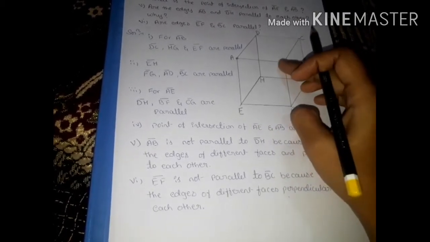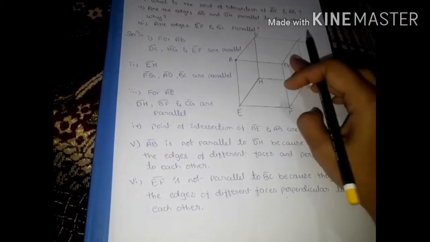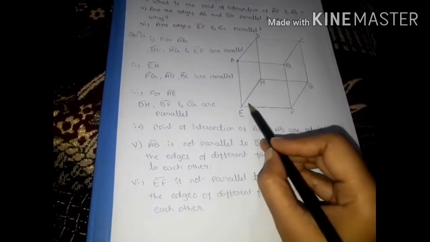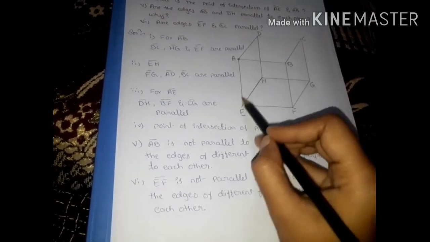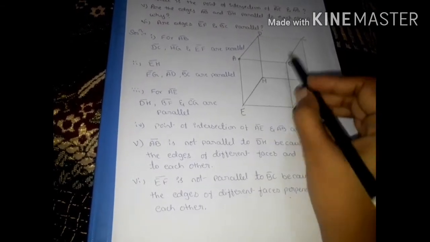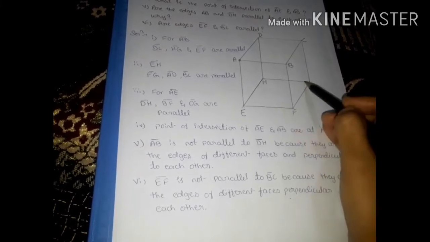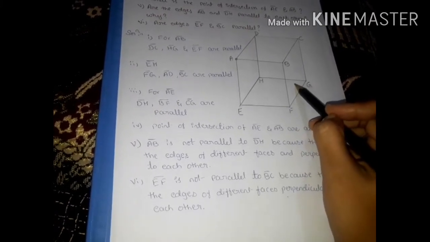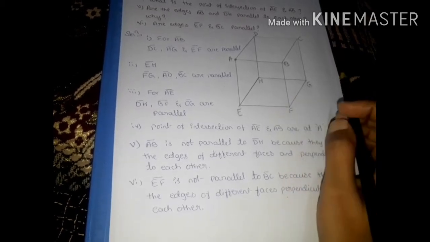This BC is the edge for face BCGF. Similarly, EF is the edge for face EFGH. They are of different faces. They are not parallel. They are perpendicular to each other.